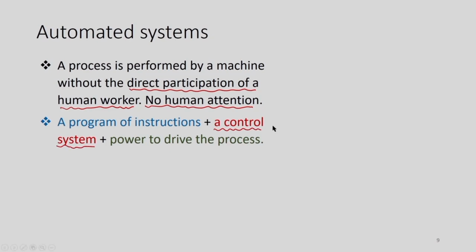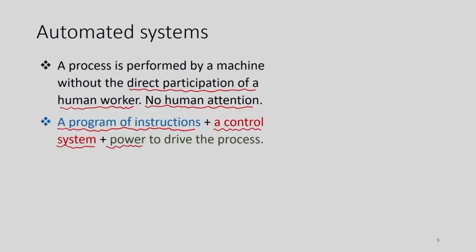The control system has a hardware as well as a software. That software is nothing but a set of instructions that we call the program. So, this set of instructions are controlling the operations of a process. Of course, to carry out the operations we need the power.